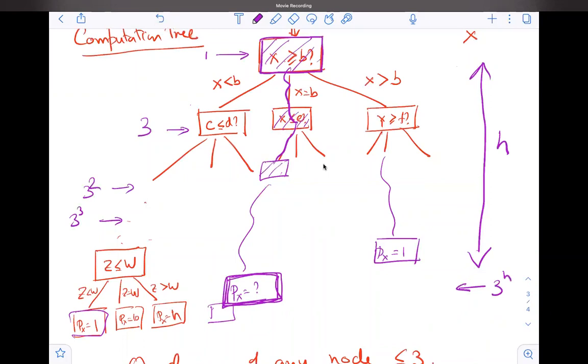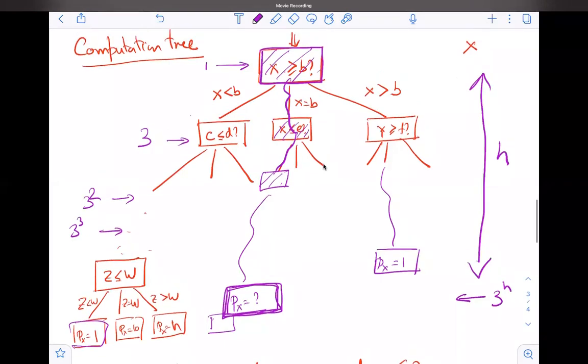Now go and do the calculation. It's a plain discrete math thing. You can prove that the number of leaves has to be less than half the total number of nodes, and at least half the total number of nodes, and from there you will get that h is bigger than log n base 3.